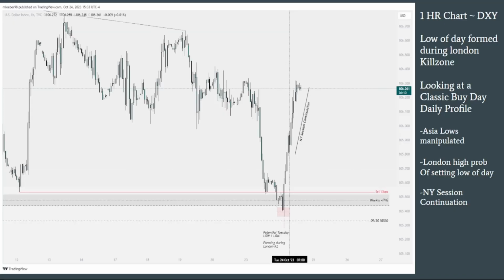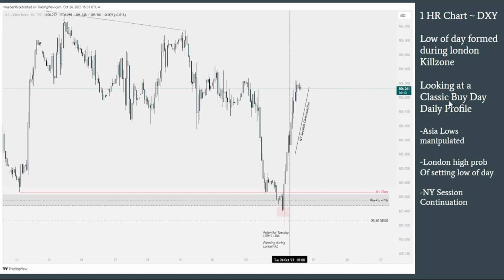Now, moving on to our hourly chart on the dollar index, you can clearly see here that this was where our low of day was formed, and the low of the day was formed during London kill zone. Once you have a low of day formed during London, that's typically when you are anticipating a classic buy day template.